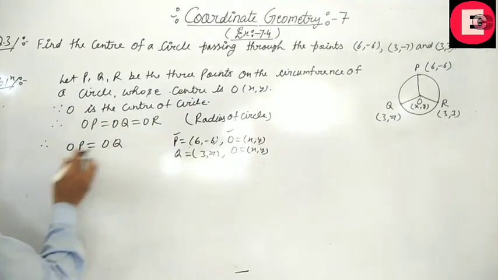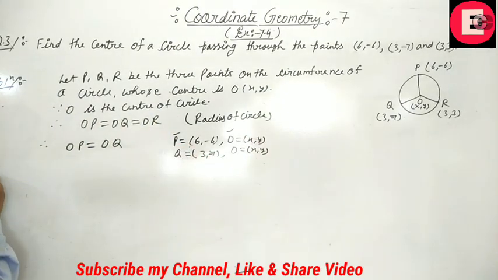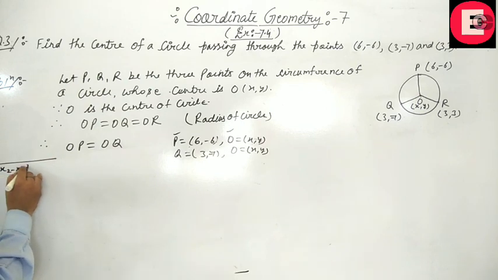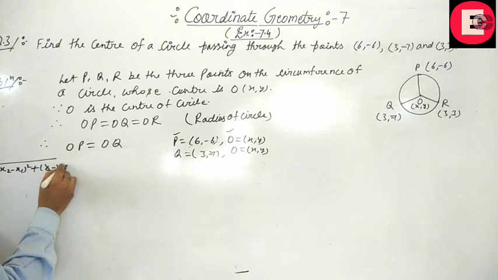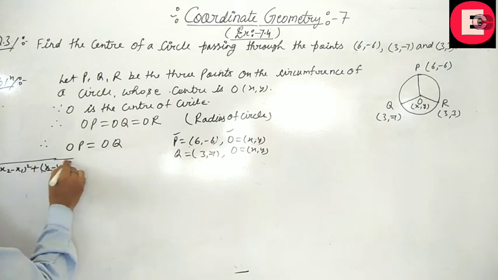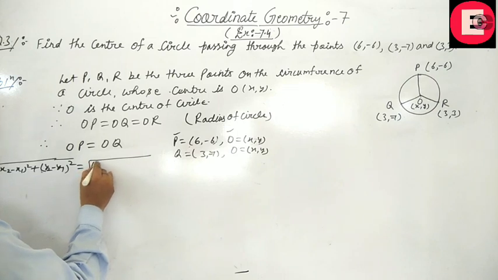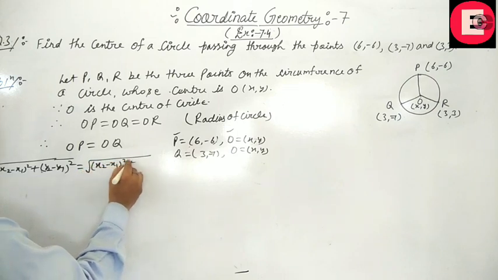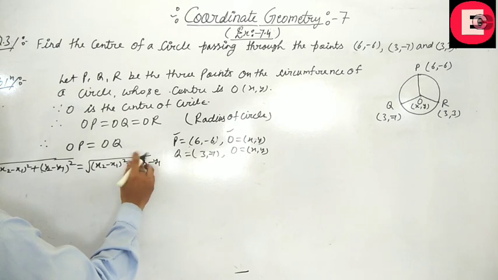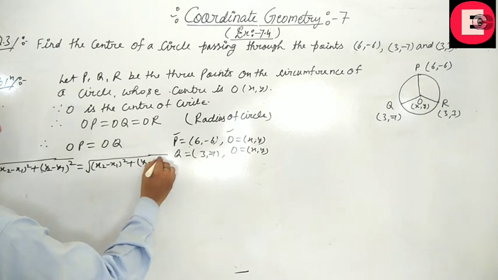Then for OP, using the distance formula, the square root of (x2 minus x1) square plus (y2 minus y1) square, which is equal to the same for OQ.